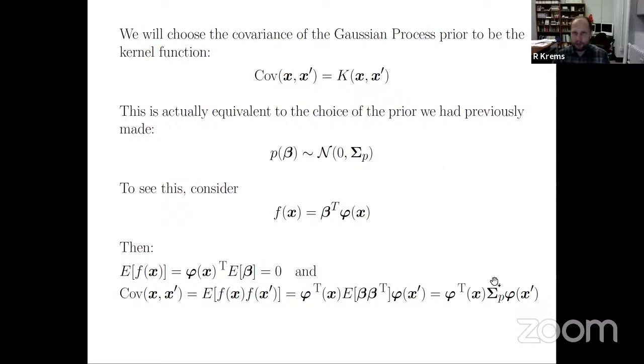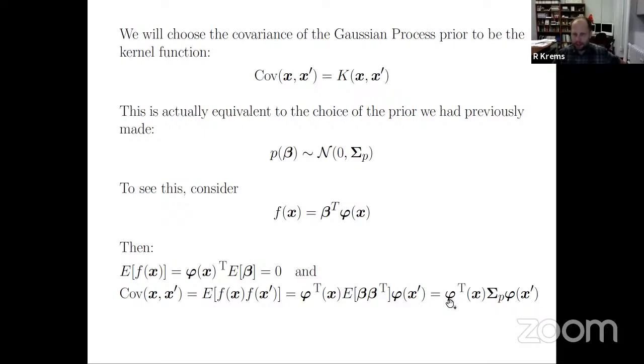The only difference between then and now is this matrix sigma p here, because if it's not an identity matrix, then this is going to be somewhat different from the way we defined kernel functions on day one. But because this is a covariance matrix, it can be written as a product of two other matrices, and we can absorb those two other matrices into the definition of the feature map.